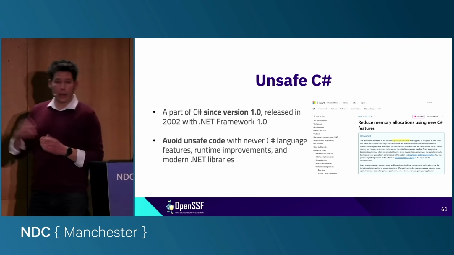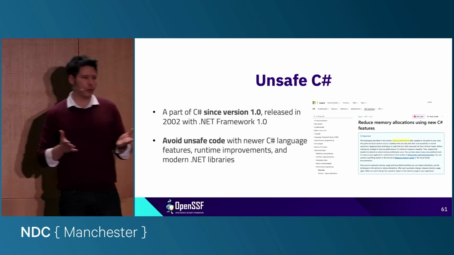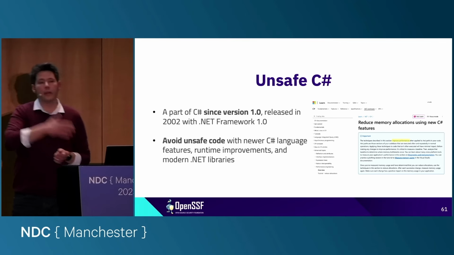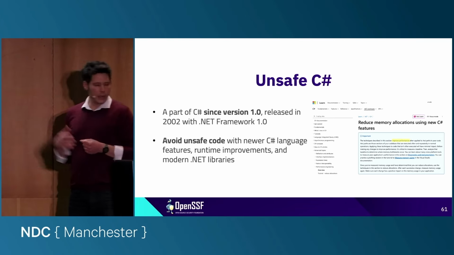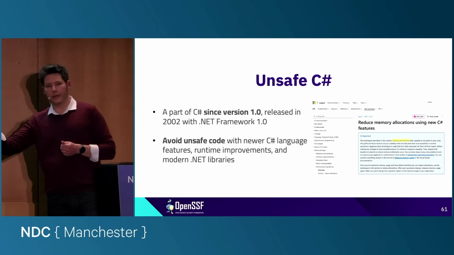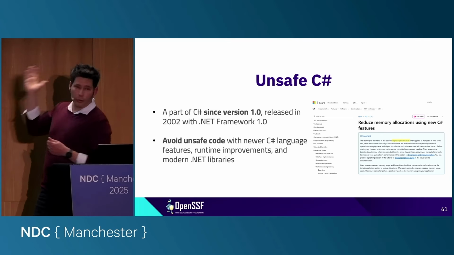So actually, unsafe C# was there from the beginning, because sometimes you need unsafe code. However, the more modern C# got, the less unsafe code you actually need to use. And it's not only that you're safer, it's actually that you also get better performance.